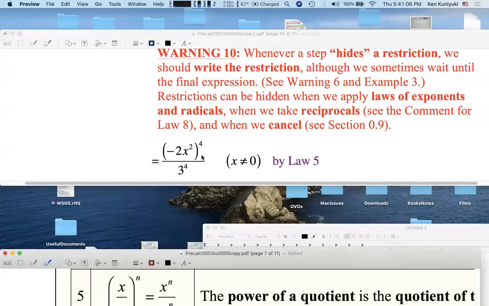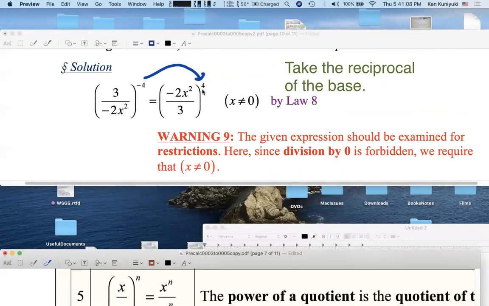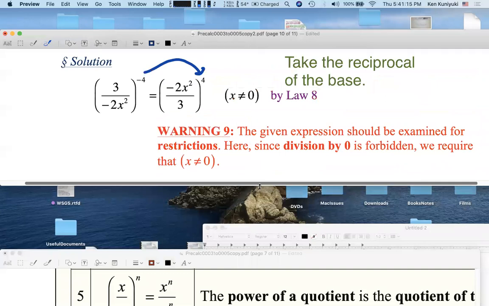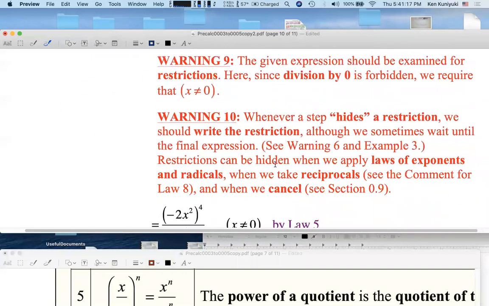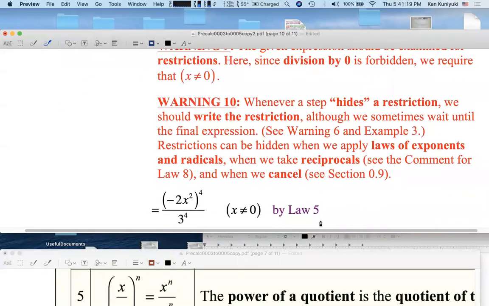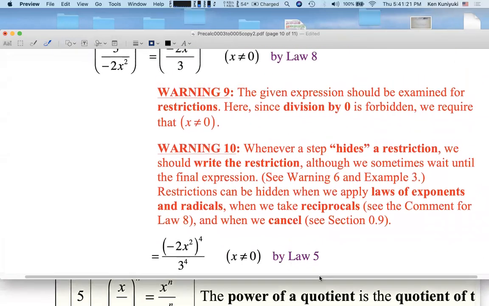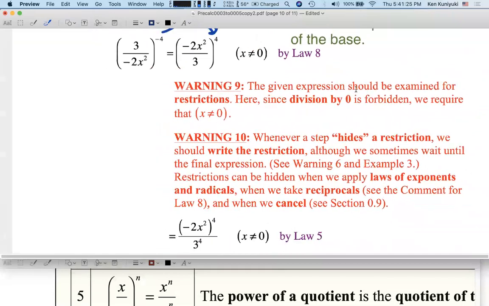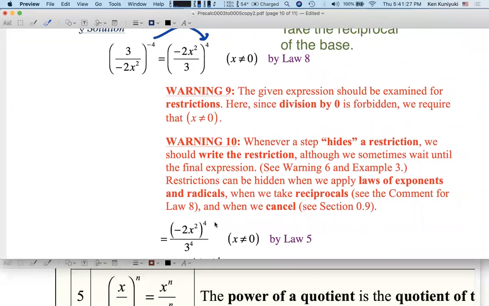So this up here, it's the top to the 4th over the bottom to the 4th. So we have negative 2x squared all to the 4th over 3 to the 4th, with this hidden restriction.